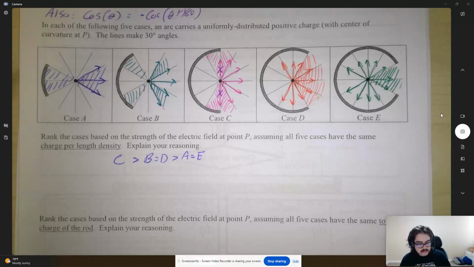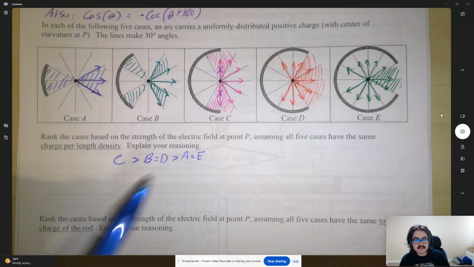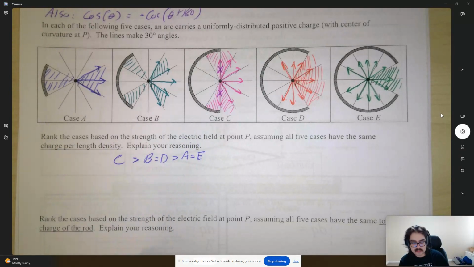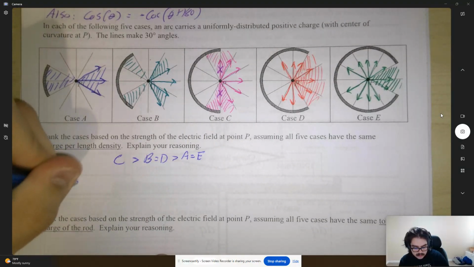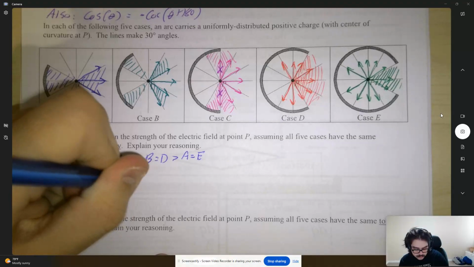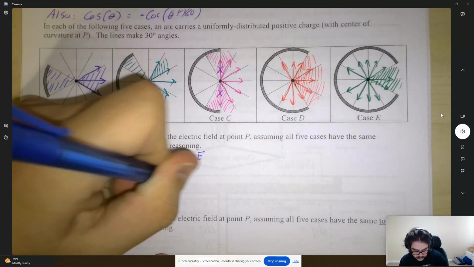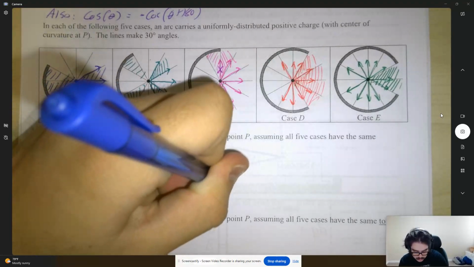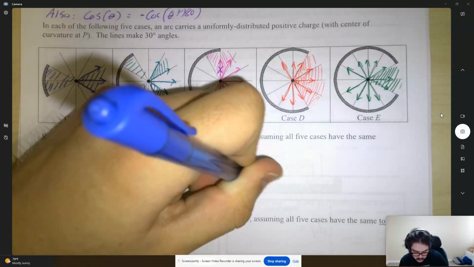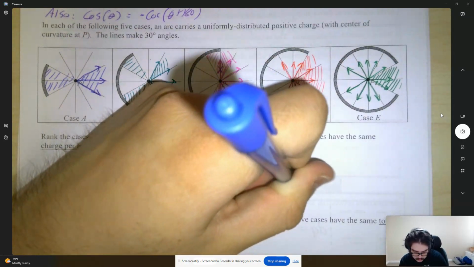So you'll notice that the least electric field cancels in C. C has the most E field that doesn't cancel.